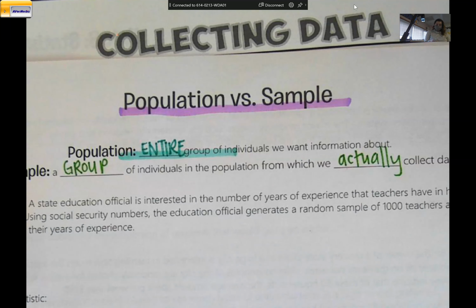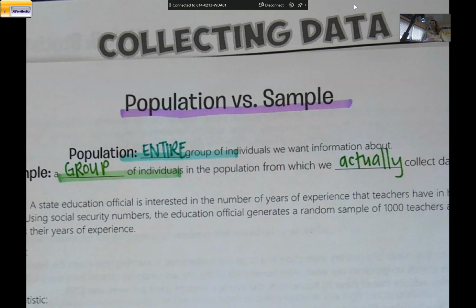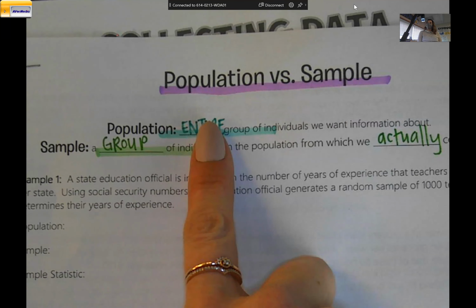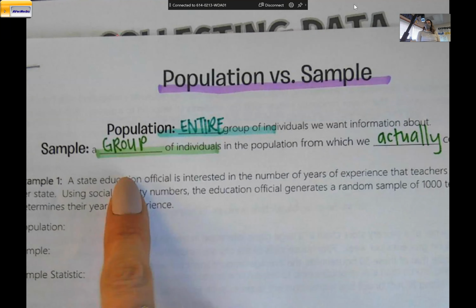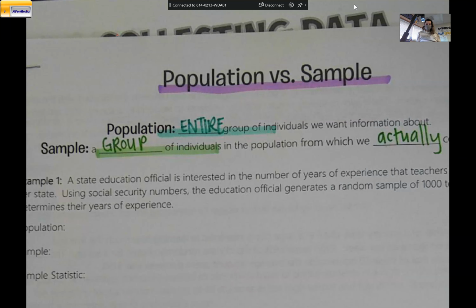Sample is a group of people from the population we're interested in. So in my music example, the population would be, let's just say 3,000 students go here. So the 3,000 students at Cypress High. My sample would be the 50 kids that I select to actually figure out if music helps them learn.